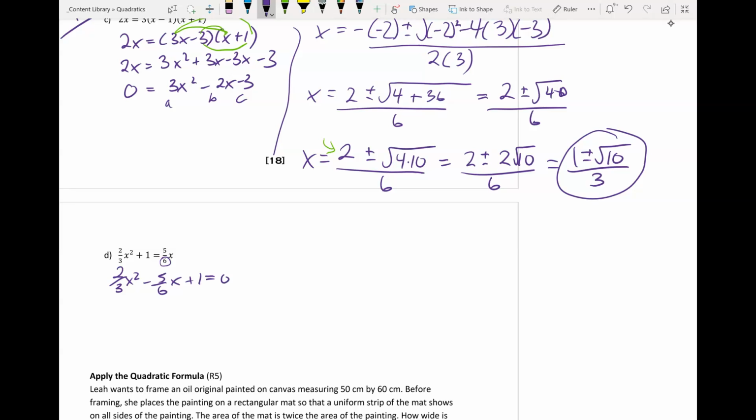Okay, so I just moved this 5 over 6x. Now I can multiply both sides by 6 because that would get rid of all the denominators we have, and it's also a common factor between 3 and 6.